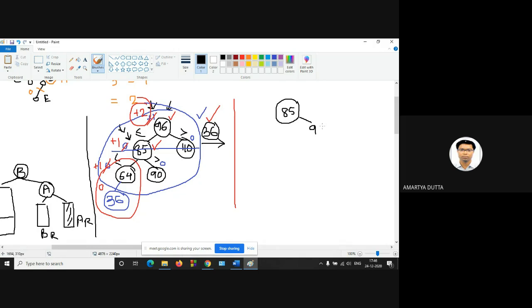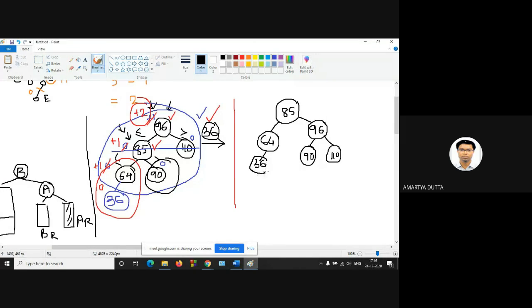So 96, the old root, will be the right child, and 110 is the AR. Is it clear? And this 90 is the BR, which is at position AL. And this is your 64 and 36.